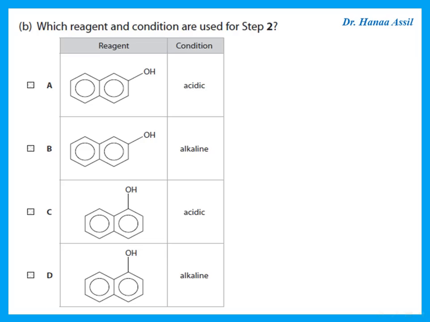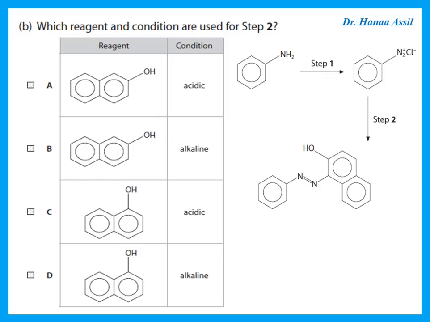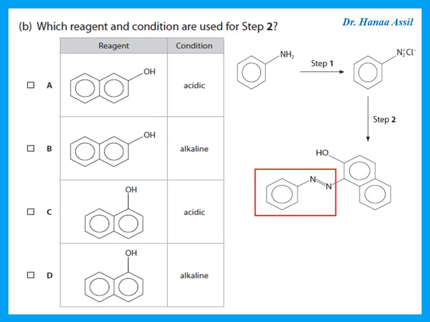Which reagent and conditions are used for step 2? Which one was step 2? Can you see step 2? We're trying to react the diazonium salts with something in order to get this overall compound. So the other reagent would be that part with 2 benzene rings, and notice the position of the OH.